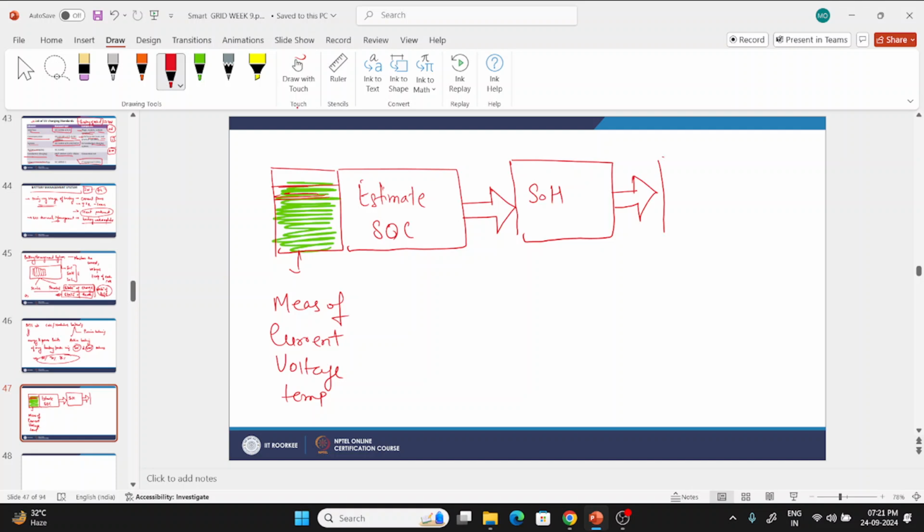Then cell balancing, or equalization of cells, is done. After that, energy and power limits are calculated.